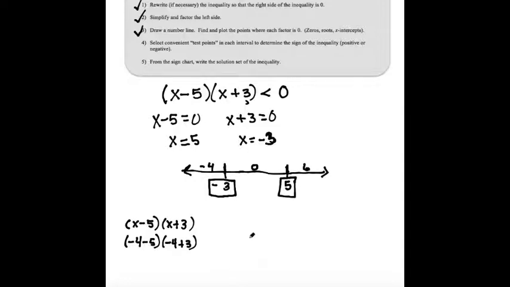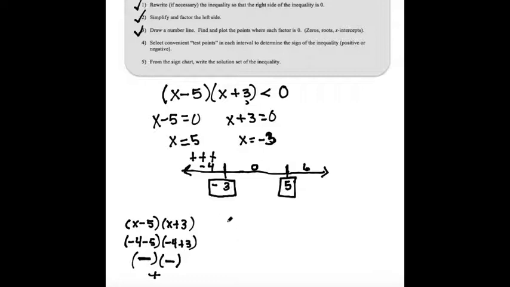I just need to know if the answer is going to be positive or negative. So negative 4 minus 5 is going to give me a negative 9. Again, I'm only worried about the negative. Negative 4 plus 3 is going to give me another negative. And we know that a negative times a negative is going to leave me with a positive. So up here, I'm going to write that this section is positive.